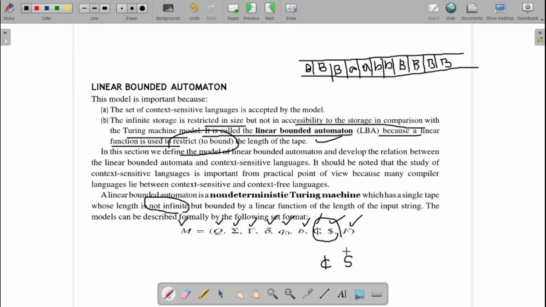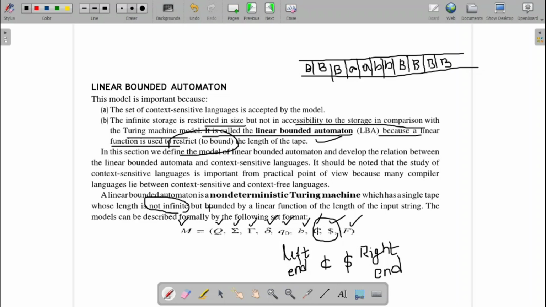Cut C is used as the left end marker, and the dollar symbol is used as the right end marker. These are the new additional things added to the standard Turing machine model. When we add them, the resultant is the linear bounded automata.